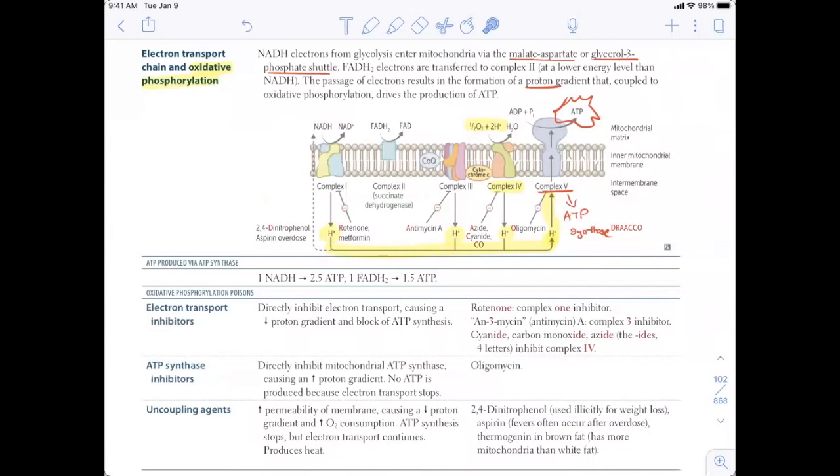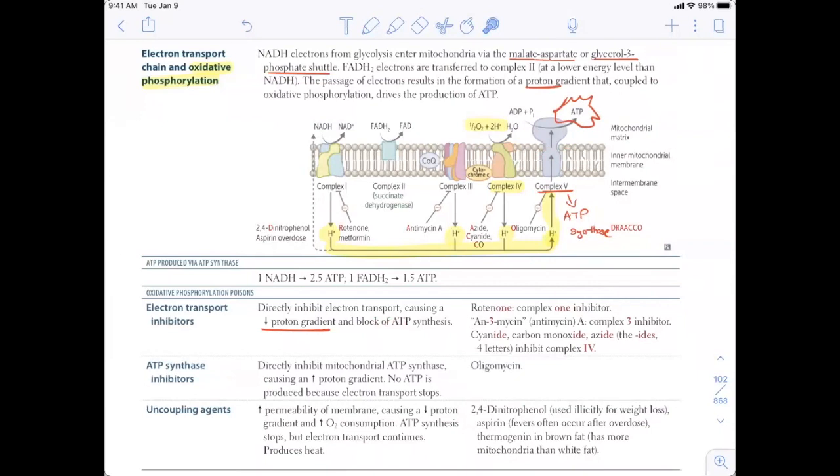So if something is blocking the electron transport, it is preventing us from putting hydrogen in here, and that's described as causing a reduced proton gradient. Remember, the proton gradient is the fuel, the gas we need to power this vehicle. So if I don't get this proton gradient, then I cannot power complex 5. And that's exactly what you see right there.